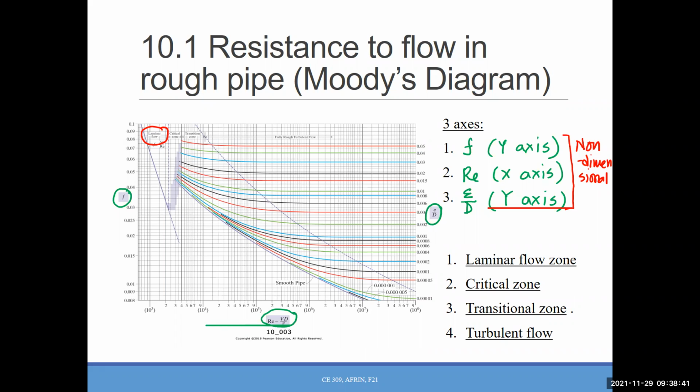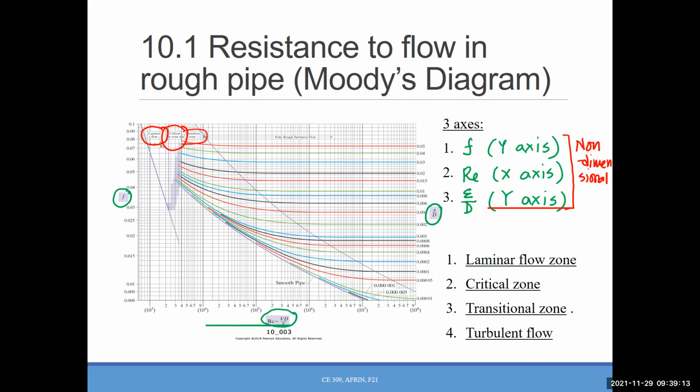Okay. So the very first one is what? The laminar flow, right? After that, what is that zone? Here, the critical one. The critical one is very unstable, and that's why it's the critical one. After that, what zone do you have? The transitional one, because in this zone, flow can be laminar or turbulent depending on different scenarios.